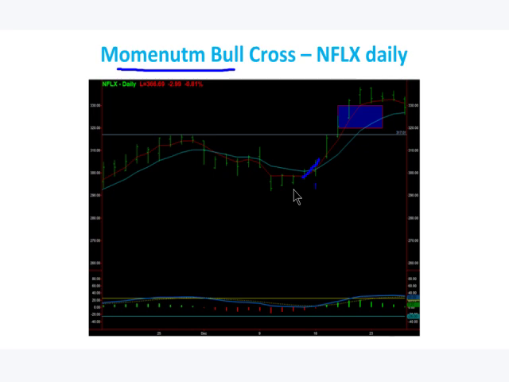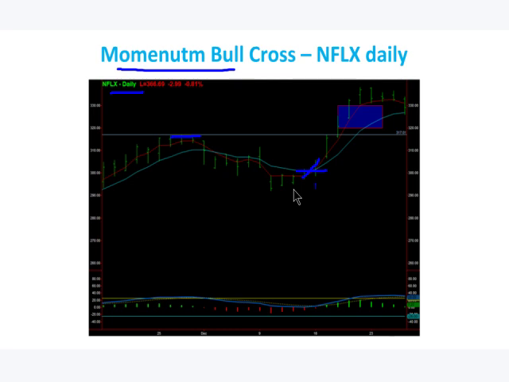So you saw the momentum bull cross. You have two moving averages, they cross here. It breaks a major level of support. It should be pretty easy. Or in some cases, if you don't have support and resistance like this, you just hit the cross and go ahead and enter the trade. It tends to work really well on daily and hourly charts.